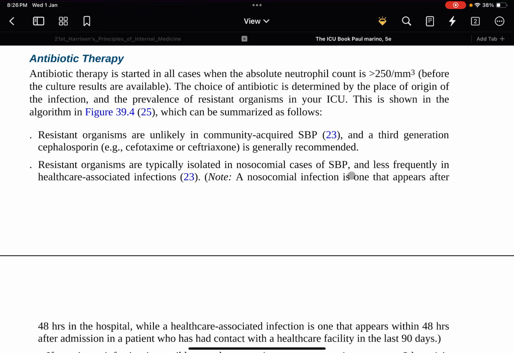A nosocomial infection is one that appears after 48 hours in the hospital, while a healthcare associated infection is one that appears within 48 hours after admission in a patient who has had contact with a healthcare facility in the last 90 days.